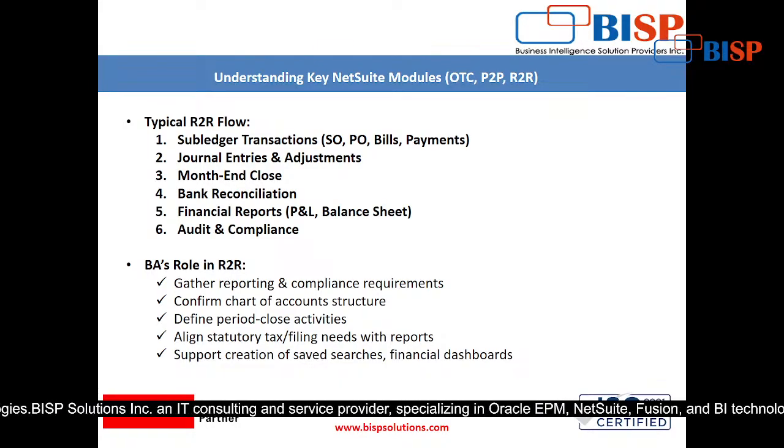The role of the BA in R2R is gathering reporting information, confirming the chart of accounts structure, defining period close activities, aligning statutory tax filing needs with reports, and supporting creation of saved searches and financial dashboards. So the financial dashboard will also be created. This is how the business analyst understands it all.